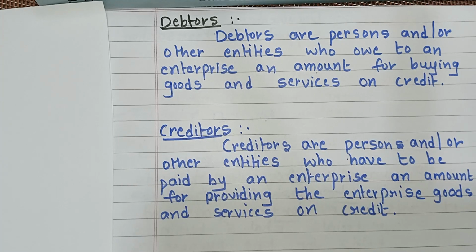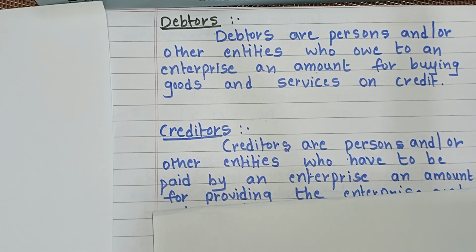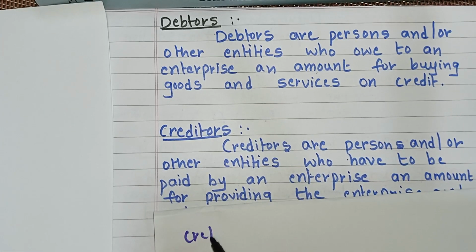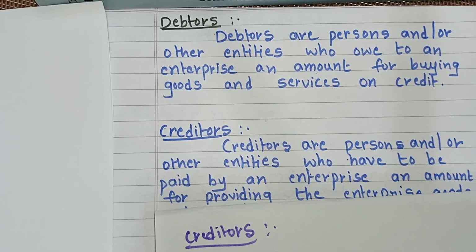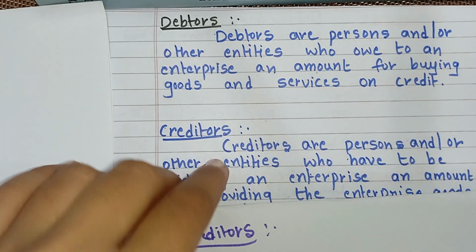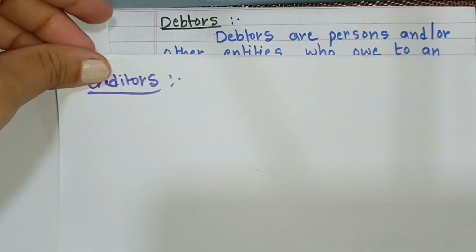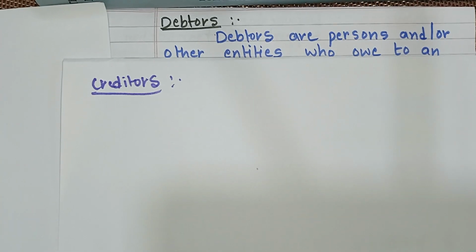Again, I will explain creditors through one example. Suppose you buy goods worth rupees 500 from a supplier on credit.